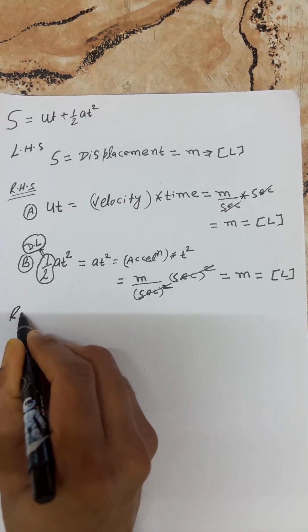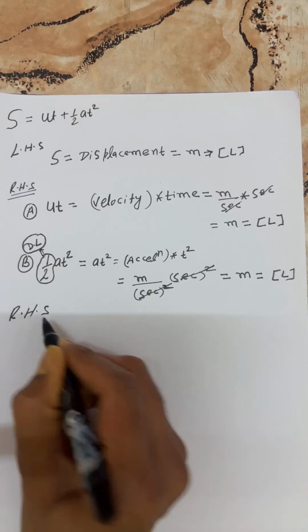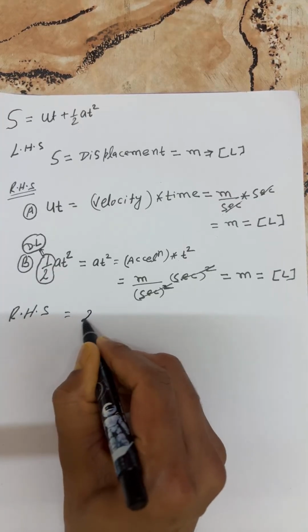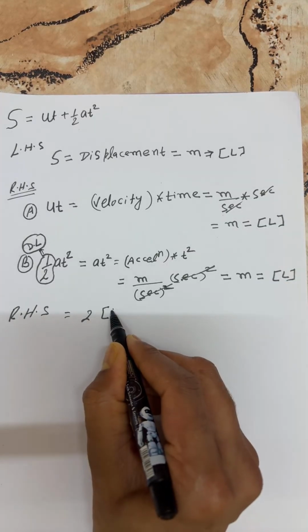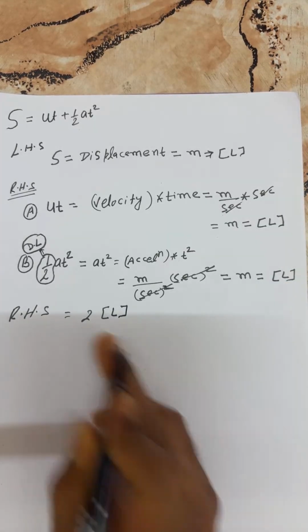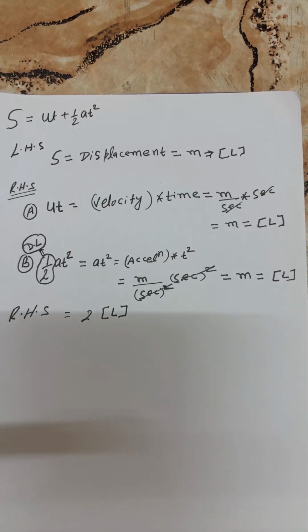So further, RHS equals L and L. This is twice of L, but no need to worry about twice, because twice is again a pure number.